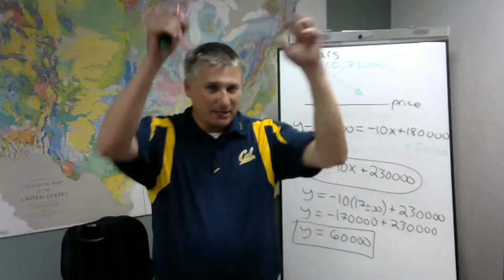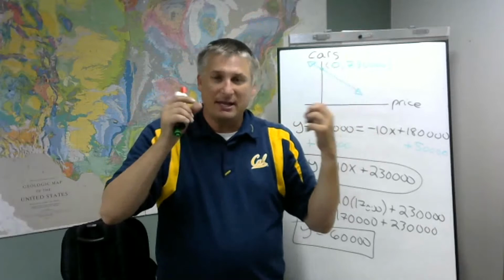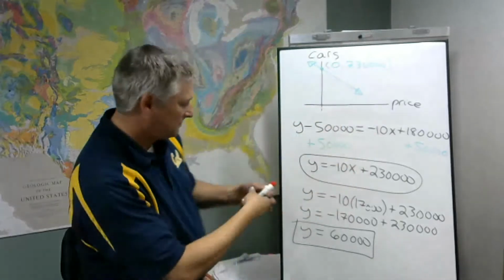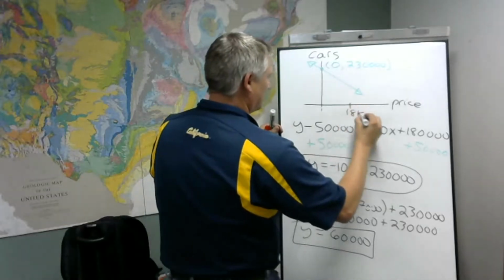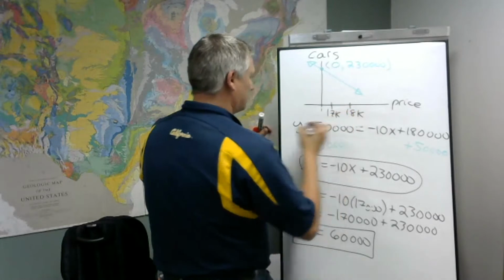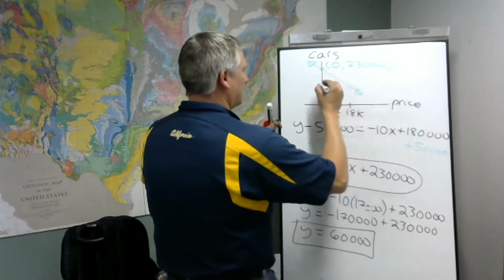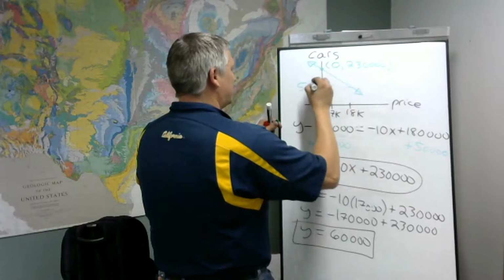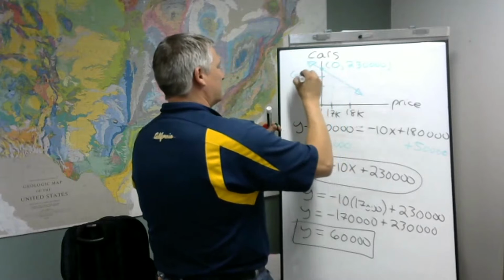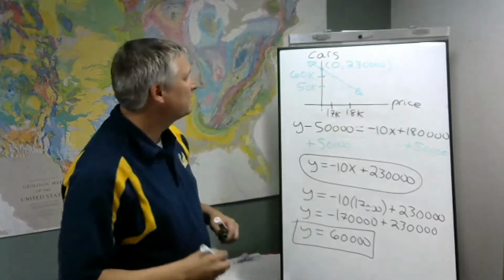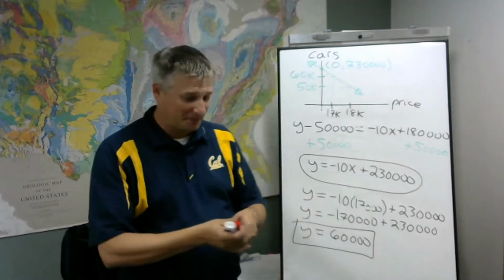As we drop the price from 18,000 to 17,000, we go from selling 50K cars at 18,000, to selling 60K cars at 17,000. And so that's what's going on with our mathematical model.